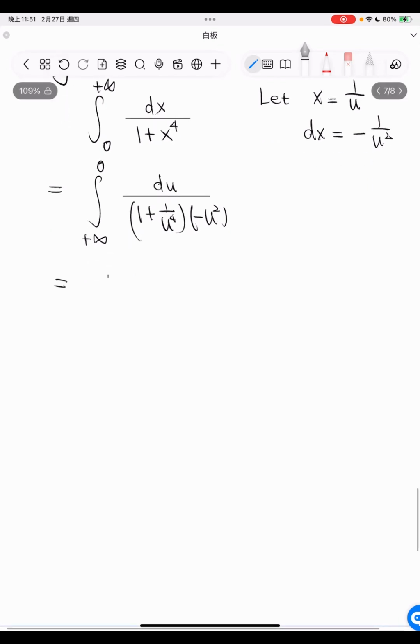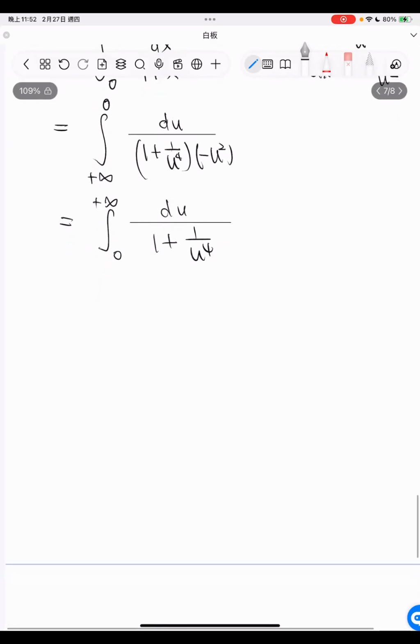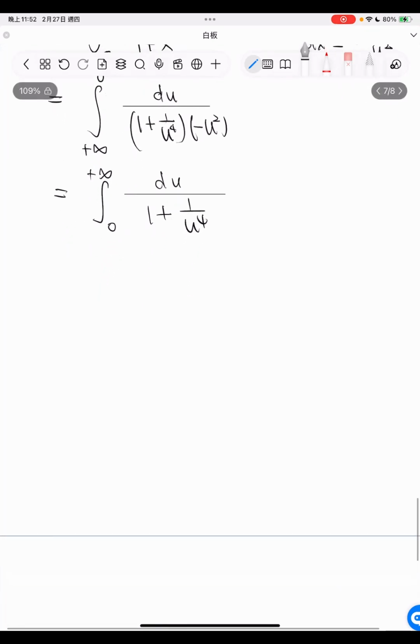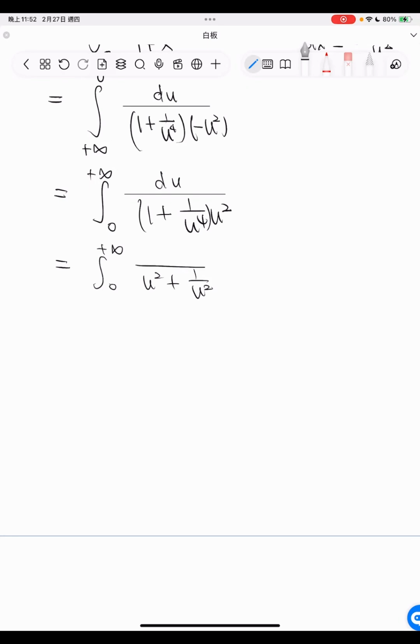So we switch the bounds, and I is equal to the integral of 1 over 1 plus 1 over u to the fourth power du. Multiplying by u squared, I is equal to the integral of u squared over u to the fourth plus 1 du, which is 1 over u squared plus 1 over u squared du.